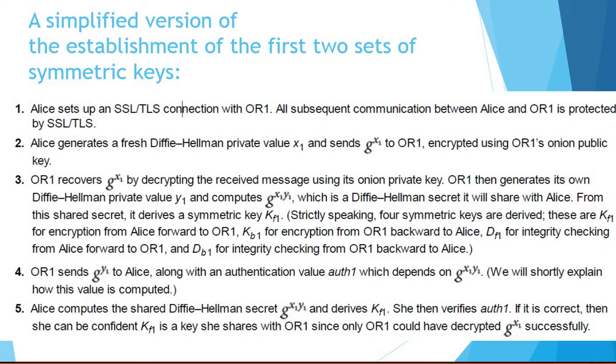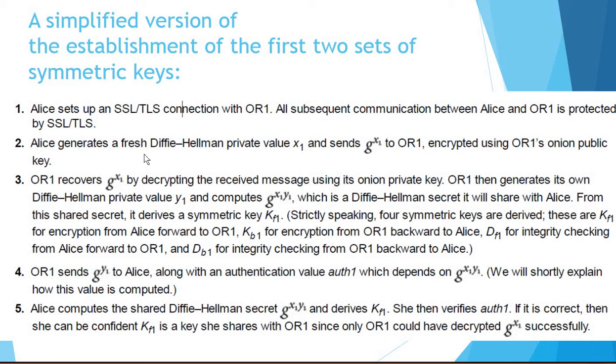So g^y1 will be known to Alice, and g^x1 will be known to onion router 1. Based on that, Alice and onion router 1 know how to generate the key value kf1.